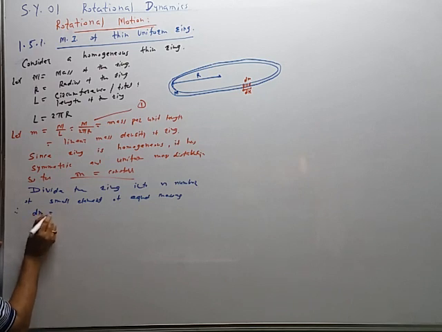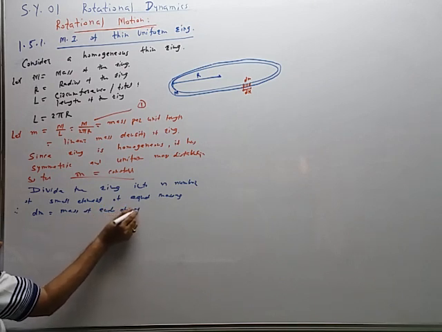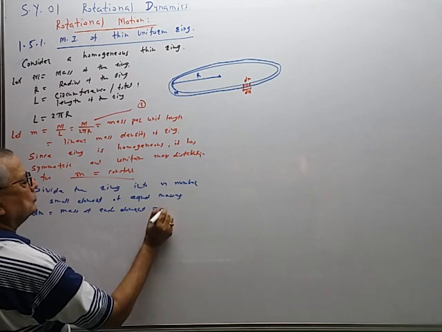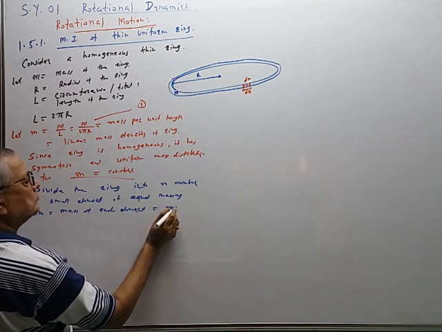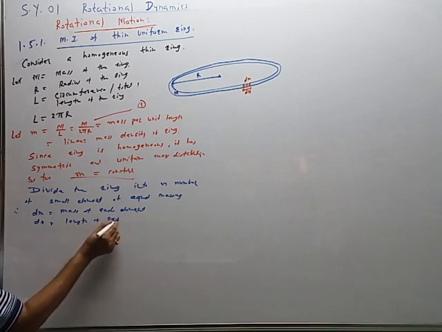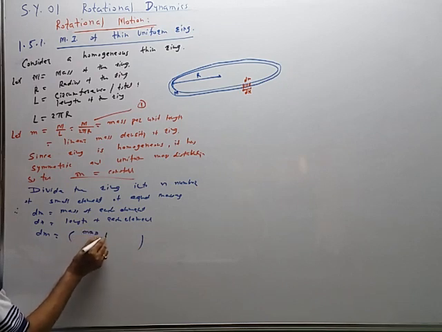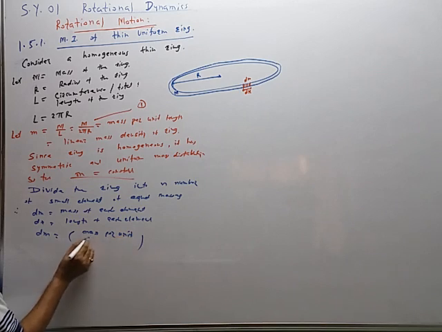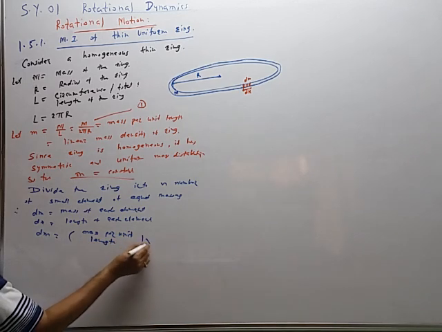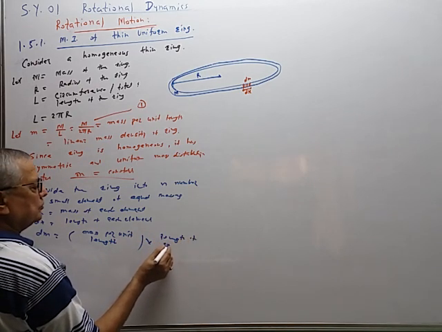Therefore dm is equal to mass of each element, dx is equal to length of each element, and therefore dm is equal to mass per unit length multiplied by length of the small element.